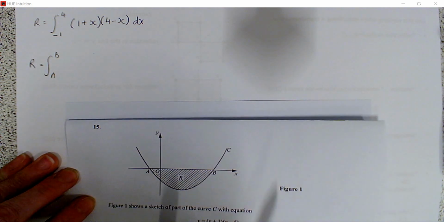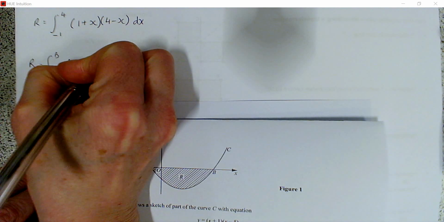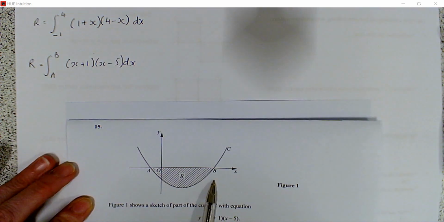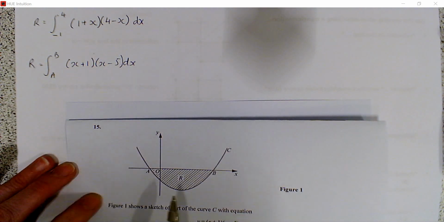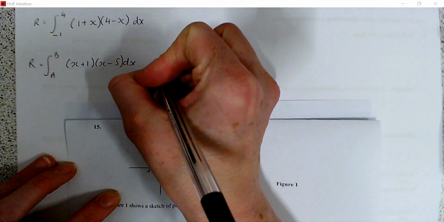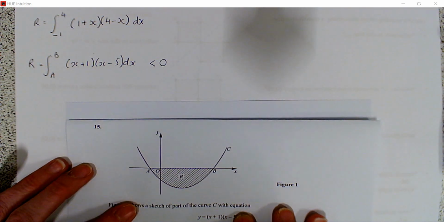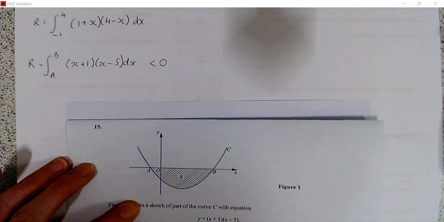And we have the equation of the curve down here, x plus 1, x minus 5 with respect to x. So we'd work that out, and because it lies below the x-axis, we get a negative answer. But if the question was asking for the area, you would just remove the sign and give a positive answer.